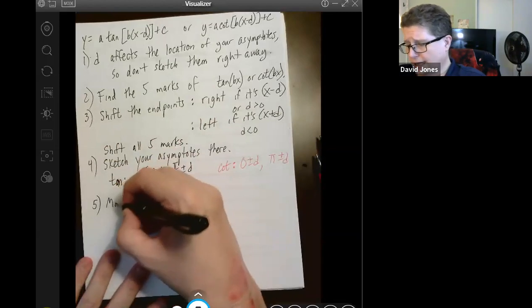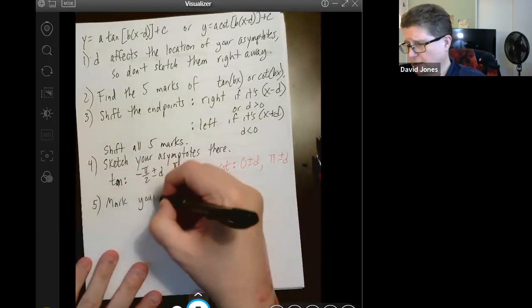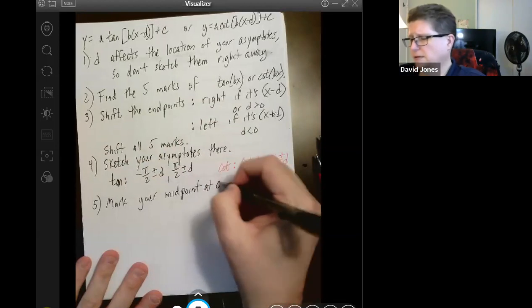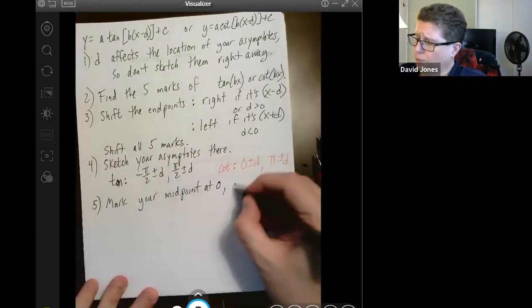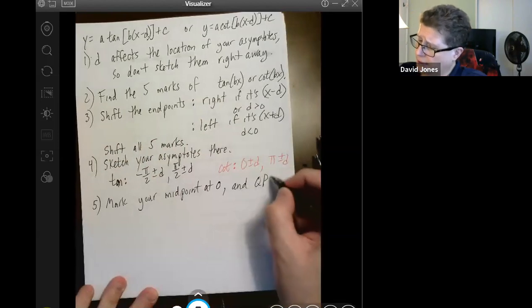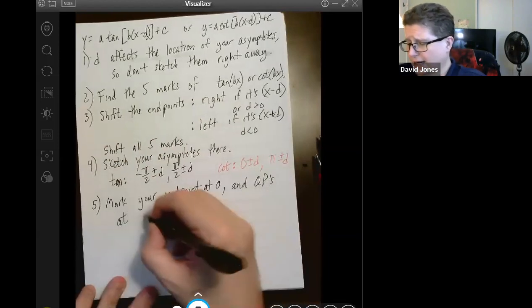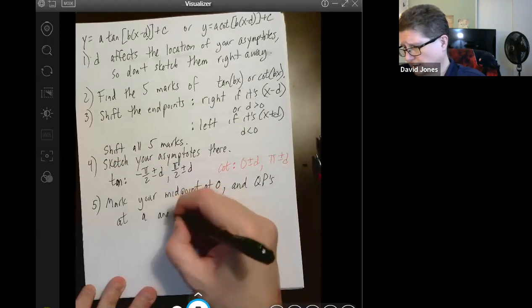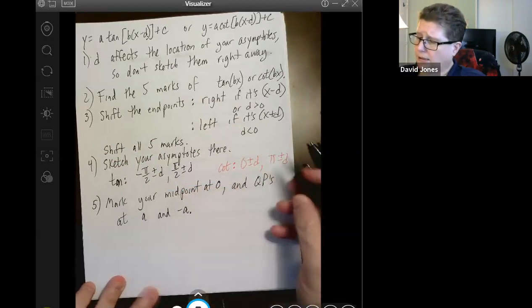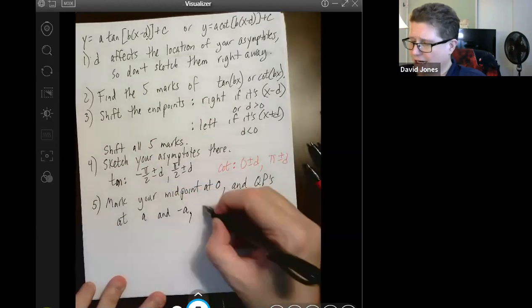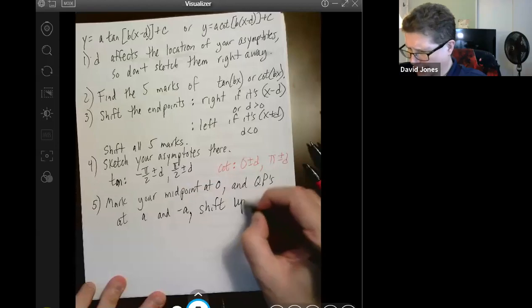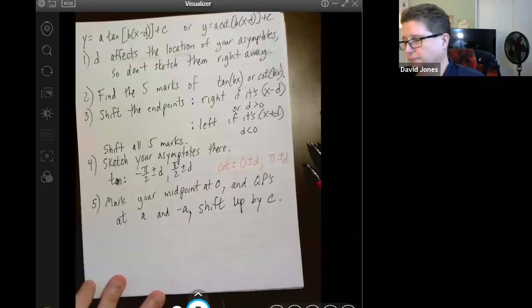Mark your midpoint at 0, and quarter points at A and negative A. Then shift up by C. If C is negative, you obviously shift down.